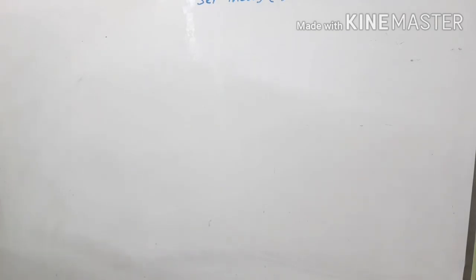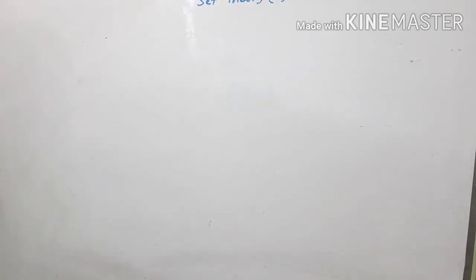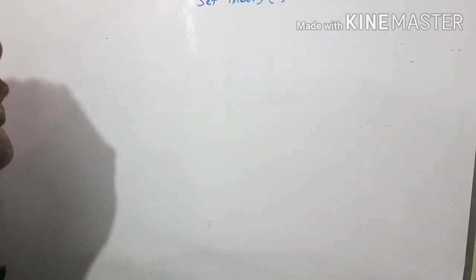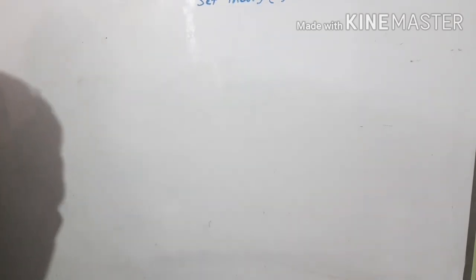Before discussing this, let's see what infinite sets are. There are two types of infinite sets. One is called infinitely countable and the other is called infinitely uncountable.